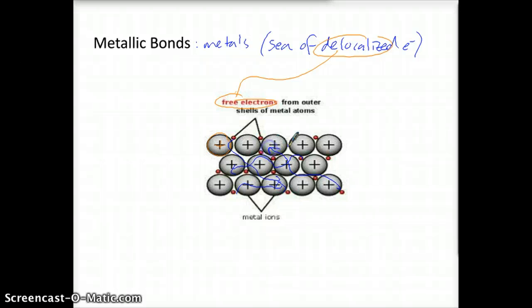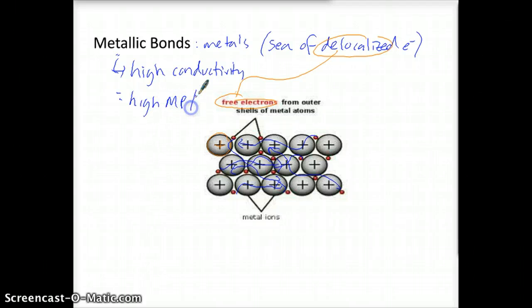And since these electrons can flow so freely, the metallic compounds have very high conductivities. They're very good conductors of electricity because there's these free electrons that can move around. They also have, as a result, high melting points and boiling points. The other thing we need to know about metallic bonds is how we can form things called alloys.